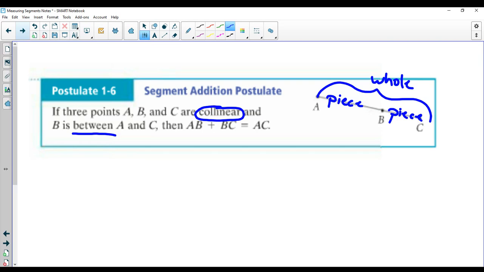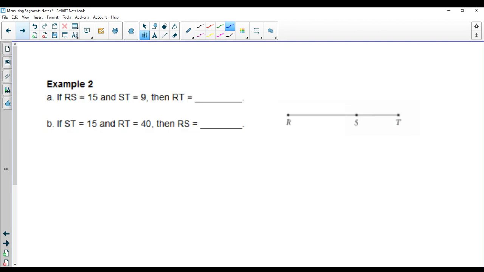So you can think of it this way: with B in the middle, AB plus BC equals AC. That's what you need to think in your mind when you approach a segment addition postulate problem. Piece plus piece equals whole. Okay, now let's use it.